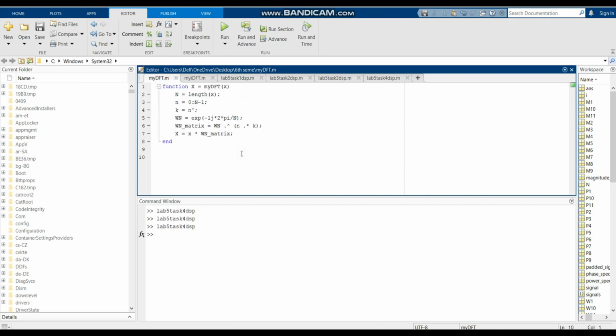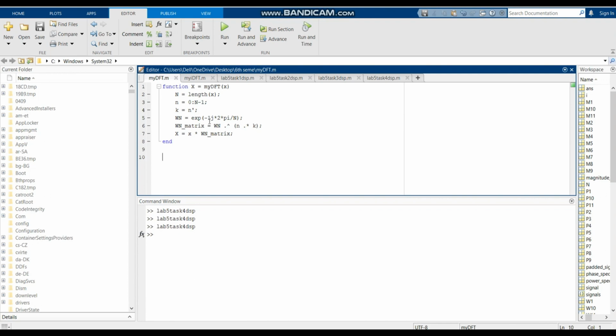The myDFT function calculates the discrete Fourier transform of an input signal x. It first determines the length of the input signal to establish the size of DFT, then it generates arrays representing time indices n and frequency indices k for DFT calculation. Utilizing Euler's formula, it computes the twiddle factor Wn, a complex exponential term crucial in the DFT formula.